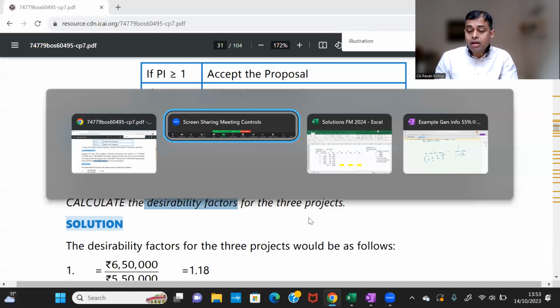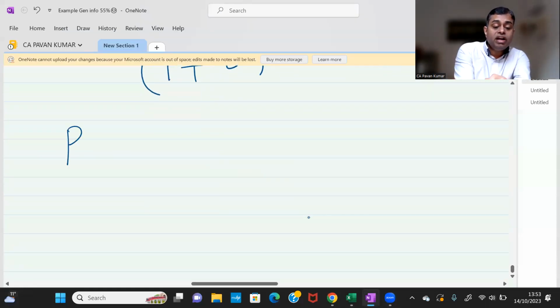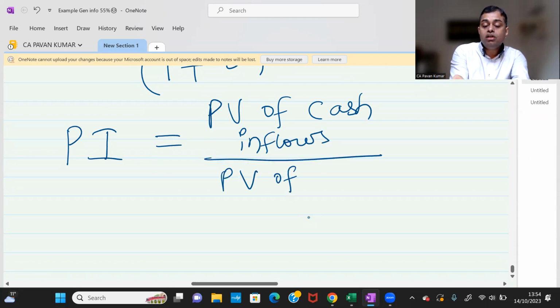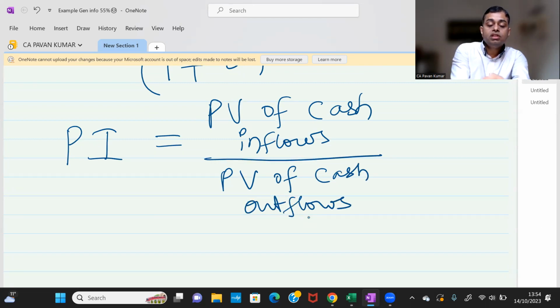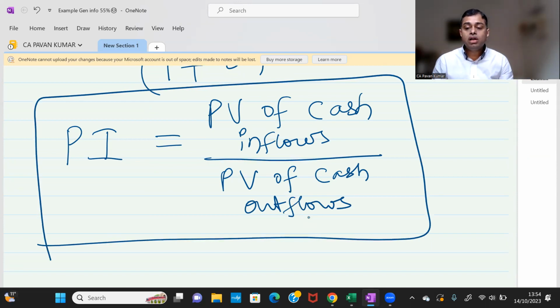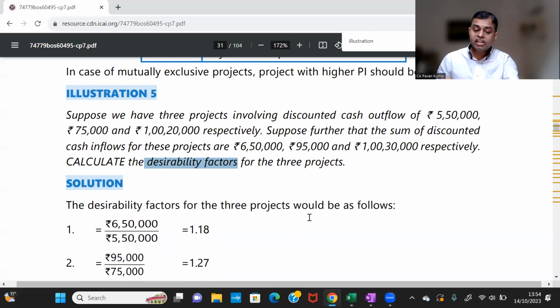So now, can someone tell me what is the formula for profitability index or desirability factor? Can I say profitability index is equal to present value of cash inflows divided by present value of cash outflows? Is it right? Present value of cash inflow divided by present value of cash outflow. Okay, no waste of time.